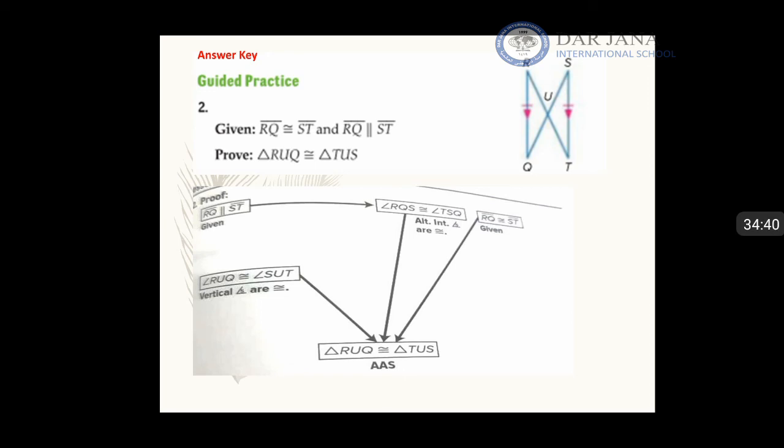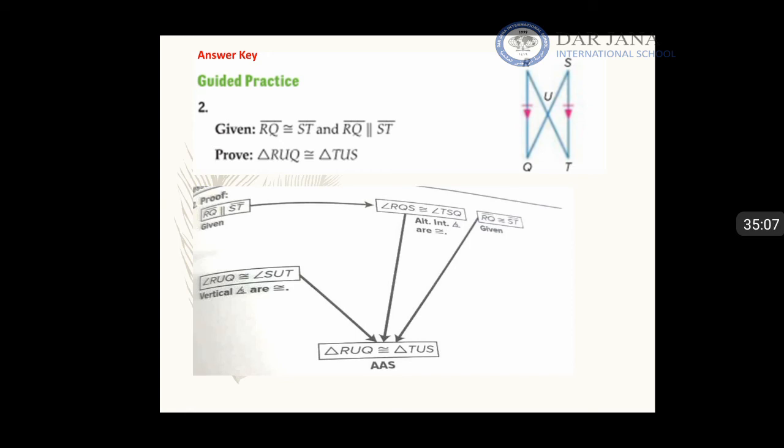So RQ is parallel to ST. It means we have a pair of alternate interior angles formed, which is the RQS and the TSQ. So angle Q and angle S are alternate interior angles, and alternate interior angles are congruent. So angle Q is congruent to angle S.